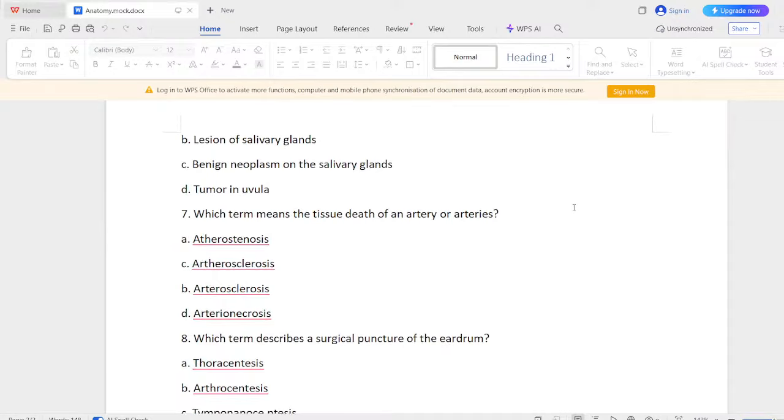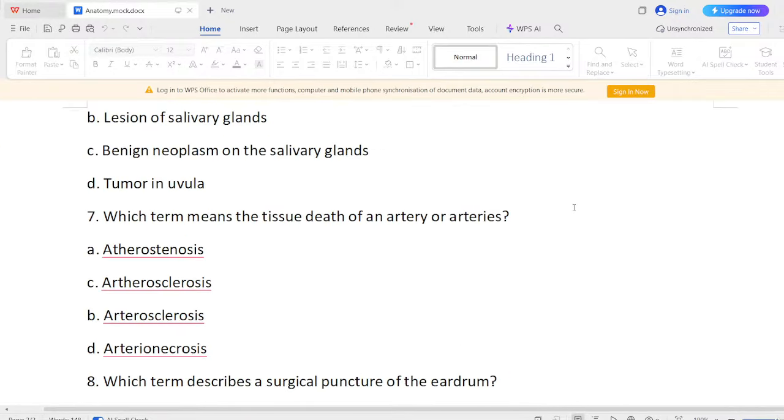Correct. Which term means the tissue death of an artery or arteries? Tissue death. Atherosclerosis, arteriosclerosis, arterionecrosis.